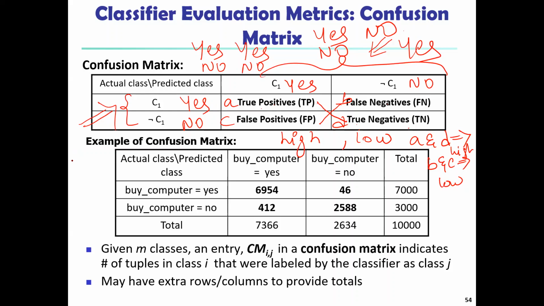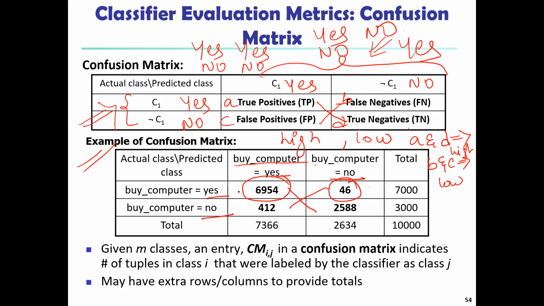An example of a confusion matrix. Here we have classes yes, no, and here also actual classes yes, no. These are the values where both the actual class and the predicted class are the yes class. And these are the values where the actual class is yes and the predicted class is no. We have to take the diagonals.